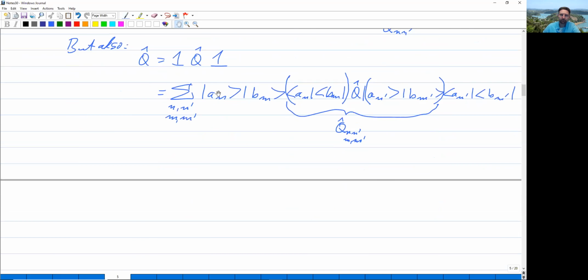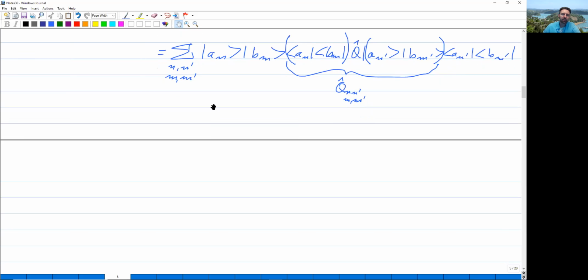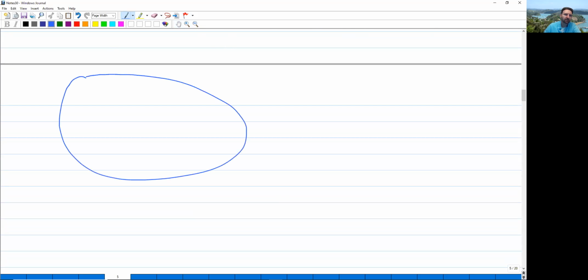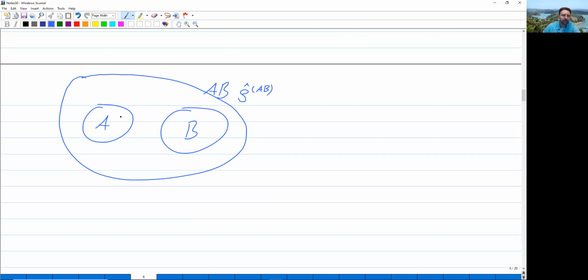This means we are now ready for the main question that arises with having a big system, AB, that contains 2 subsystems, A and B. Namely, if our big system AB is in a state rho hat AB, then the subsystem A will be in a state rho hat A, and subsystem B will be in a state rho hat B. And the big question is, what are they? What are rho hat A and what are rho hat B given rho hat AB?